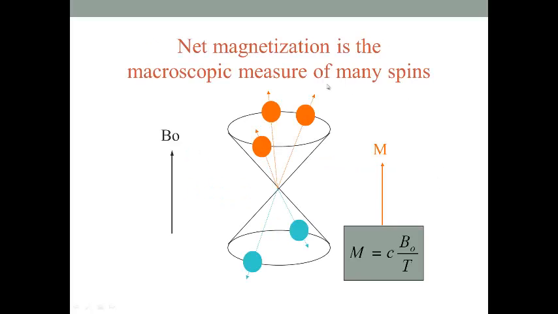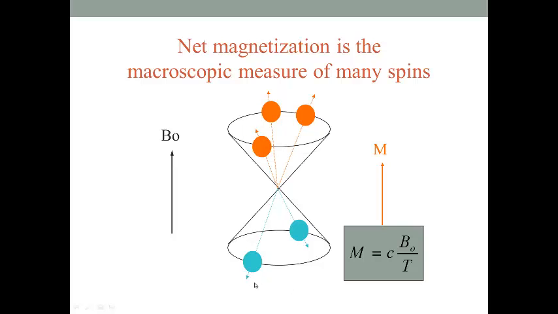Let's show the basic idea. First, let's see when there is no radio frequency from outside. We just have an external magnetic field B0 here. Okay, this is a proton. Some protons go up, some protons go down.